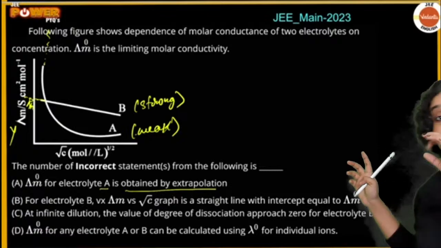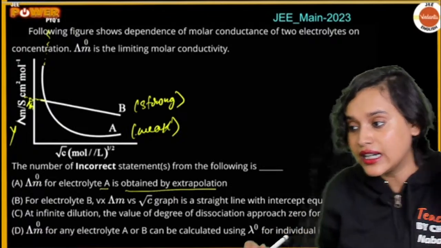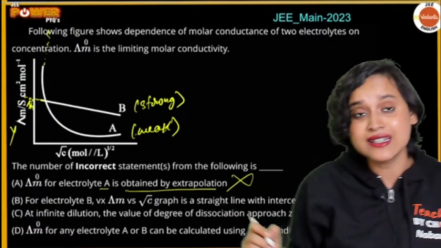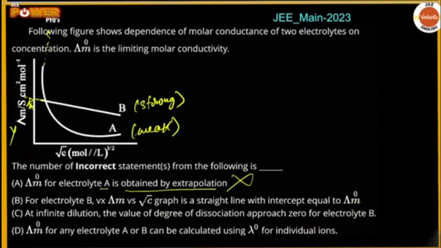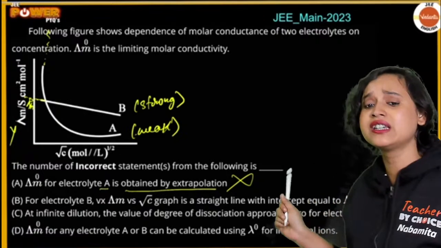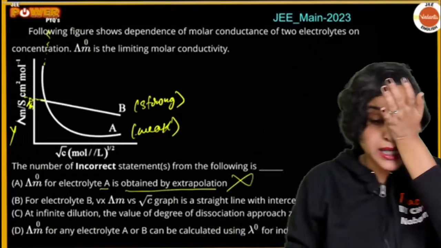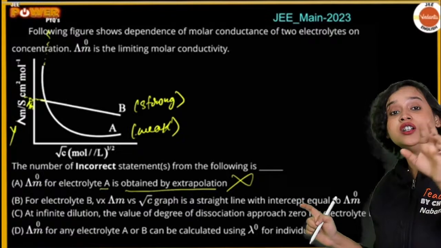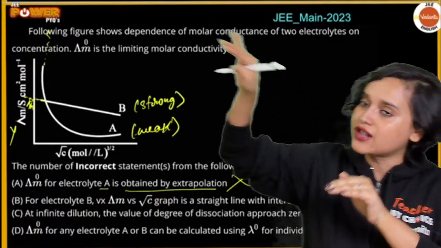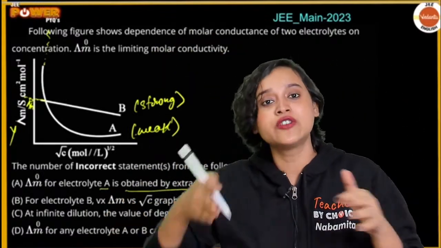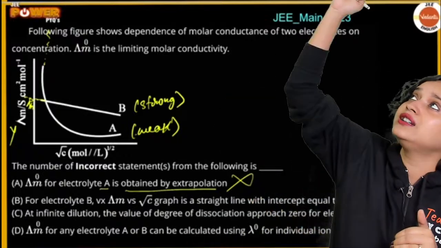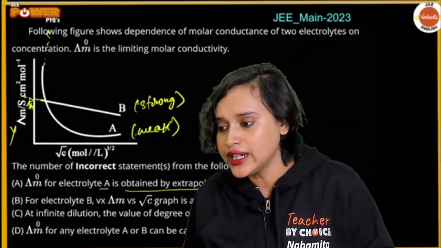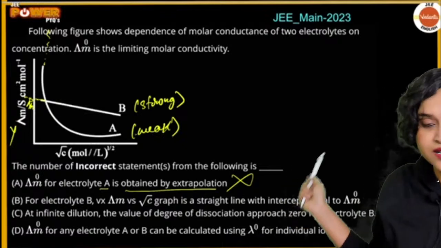So statement A is incorrect. For a strong electrolyte, if you extrapolate, you will get lambda m naught, but for a weak electrolyte, it will run parallel to the y-axis, so this will be false.